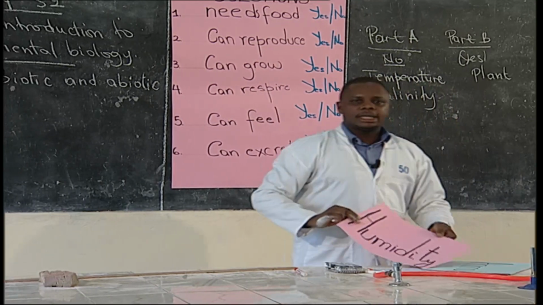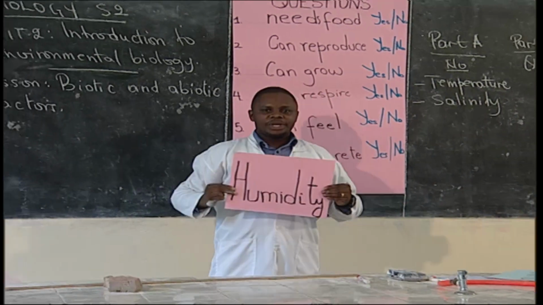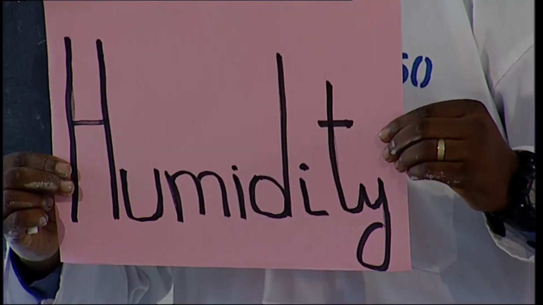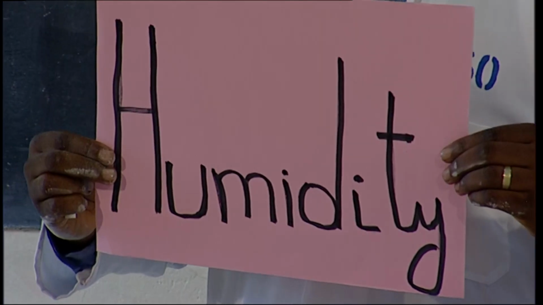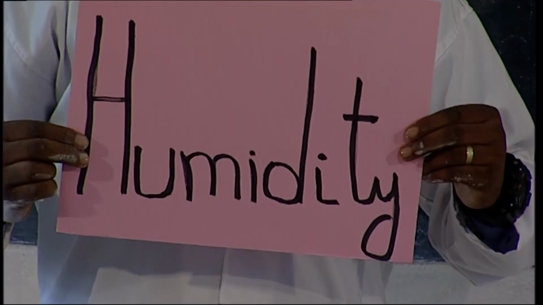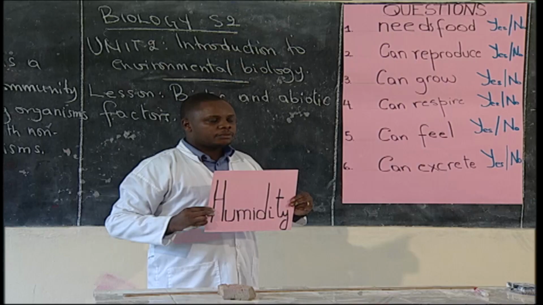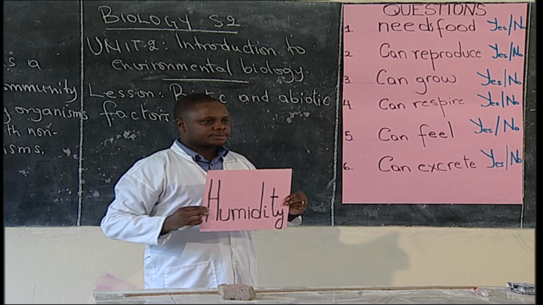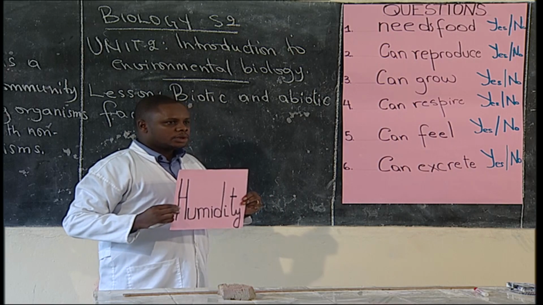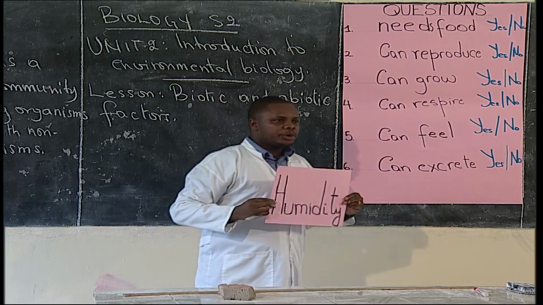We get another word, which is humidity. Students, do you understand what the term humidity means? Humidity means the amount of water vapor in the atmosphere. Can humidity need food? No. Can it reproduce?